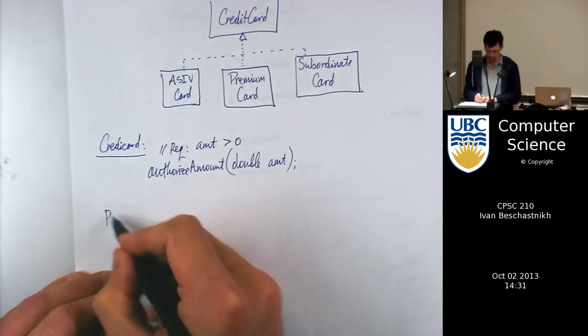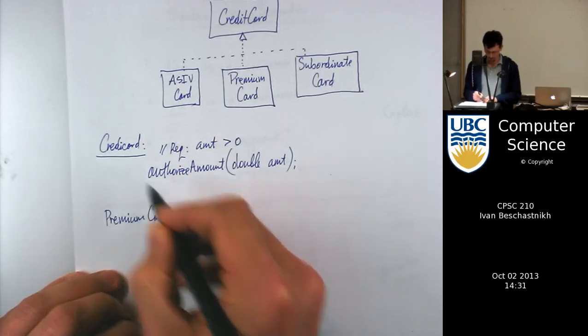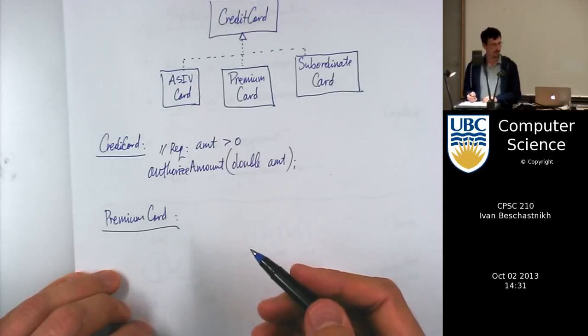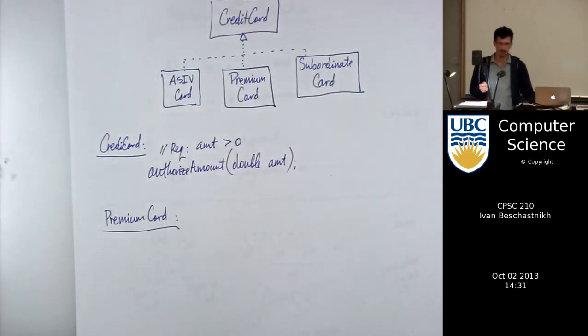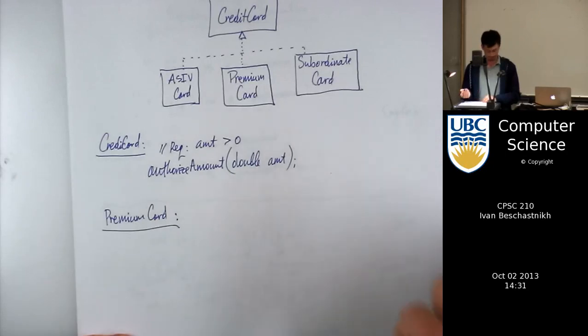Now in my premium card, I'll have a very similar method, but I need it to behave slightly differently. I need it to have a different specification. So I'm going to override it. Sorry, overload it.